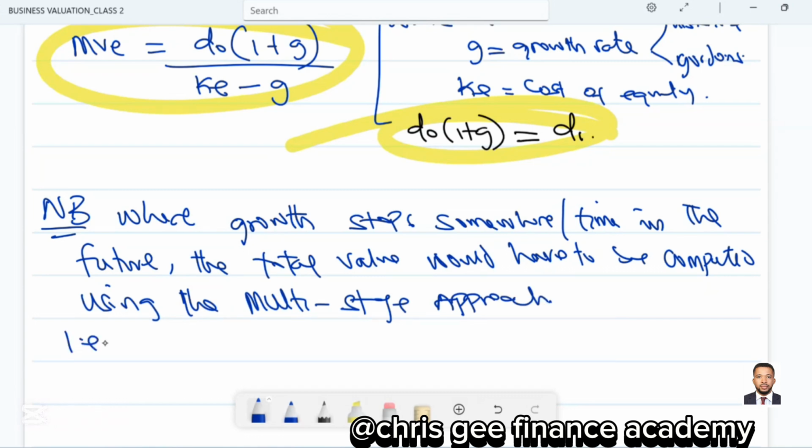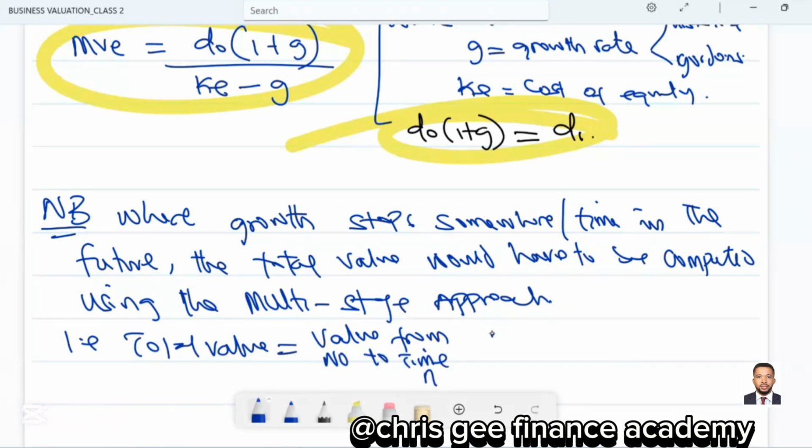That is, total value equals the value from now to time n, plus the value from time n to infinity.